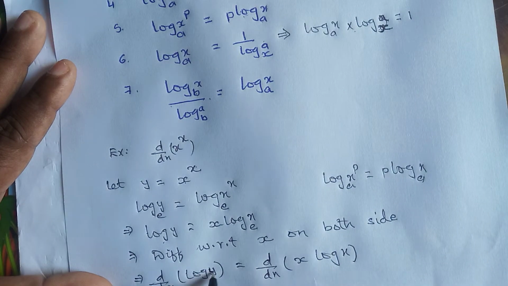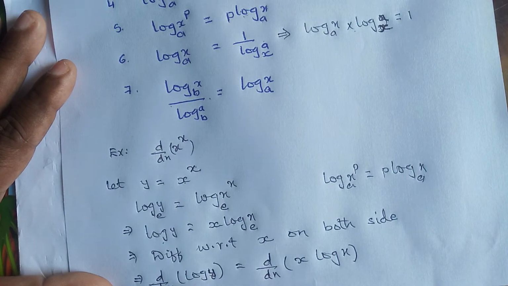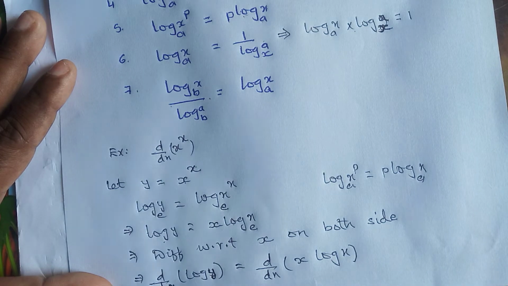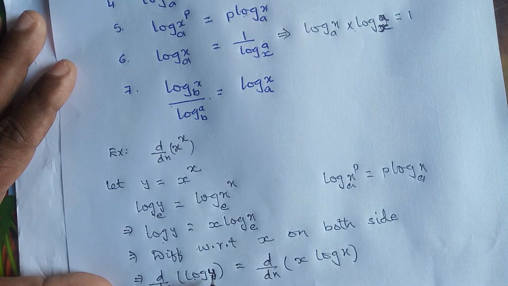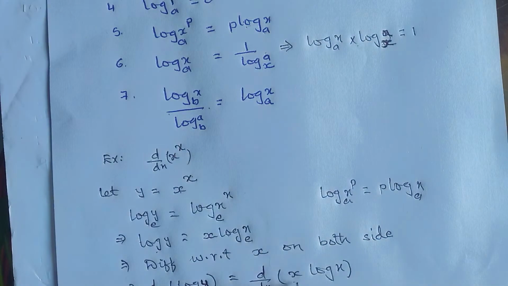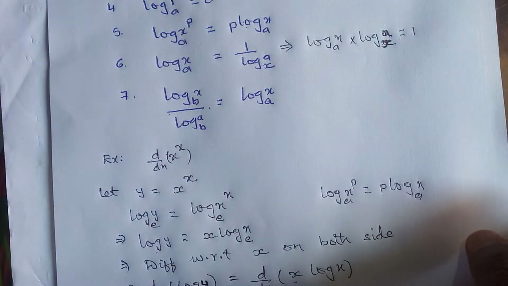In the previous class, you learned that the differentiation of log x is 1 by x. Here we are differentiating with respect to x, but inside the logarithm the variable is y, so on the left side you have to use the chain rule, and on the right side the product rule, since two terms u and v are there. So we use two formulas.